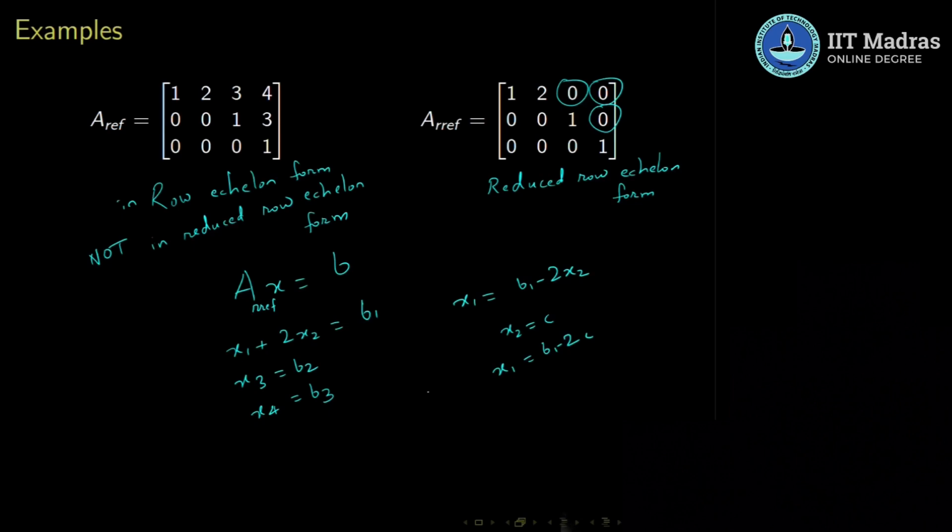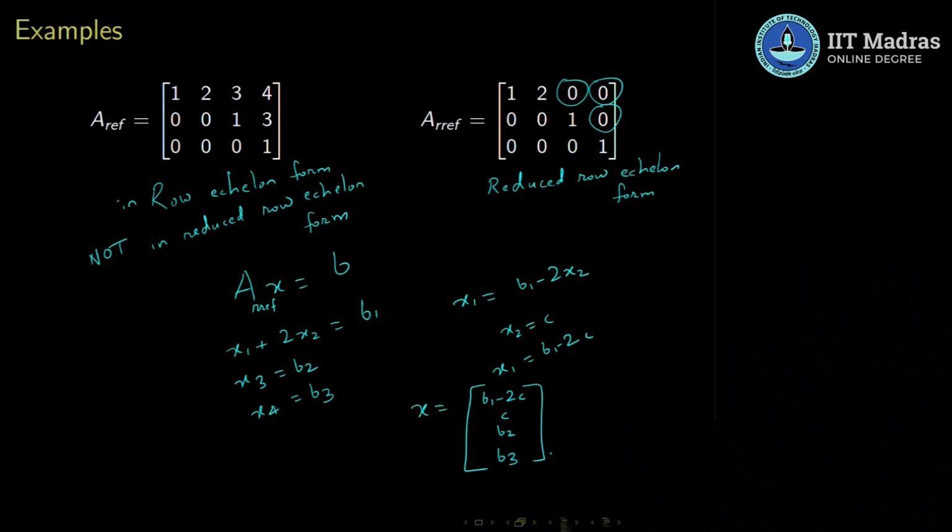So what is the solution? The solution is x is (b1 minus 2c, c, b2, b3). This is my solution for Ax is equal to b, and now whatever value of c you substitute will give you a solution. So if you take c to be 0 for example, then your solution will be (b1, 0, b2, b3).